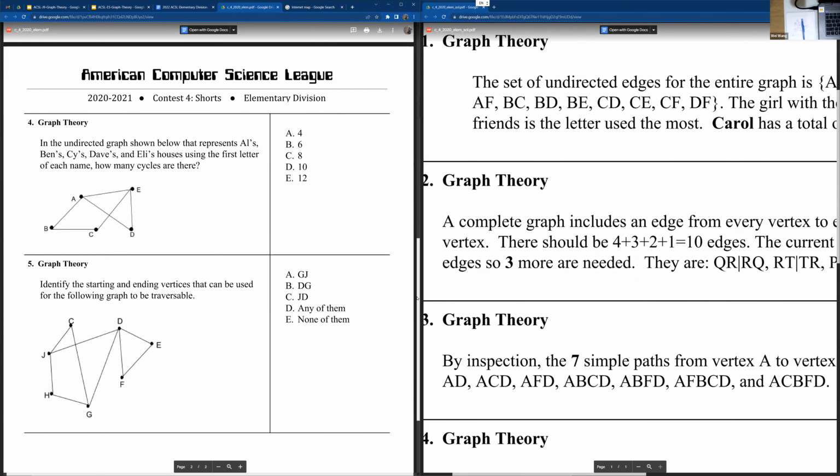Oh, so we have to figure out how many cycles there are. Yeah. 1 cycle. 2. This is gonna be hard. Okay. 1, 2, 3, 4, well, 5.